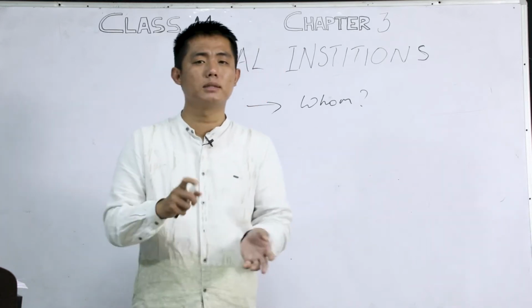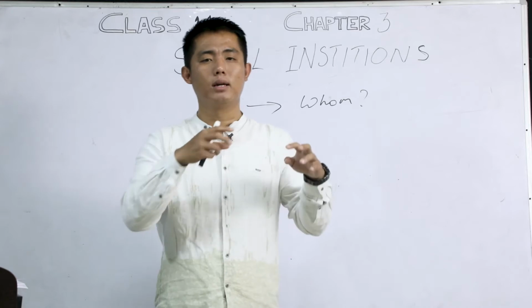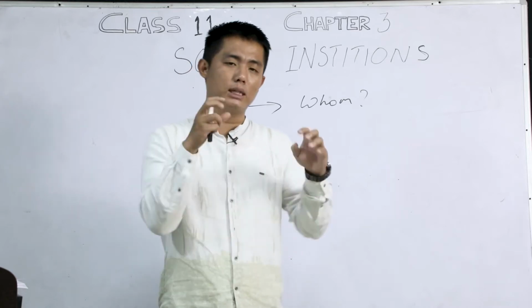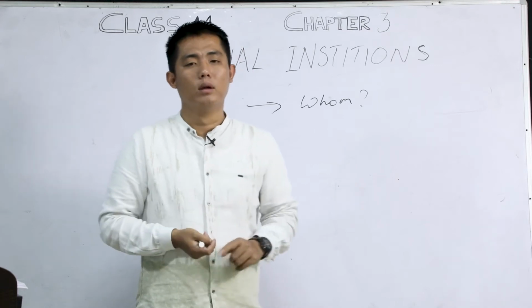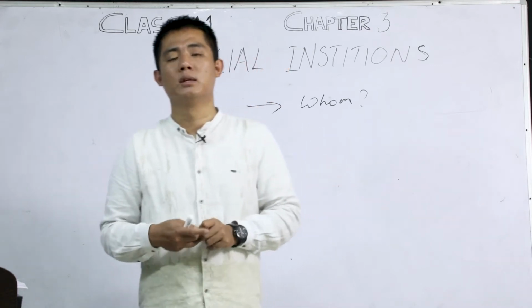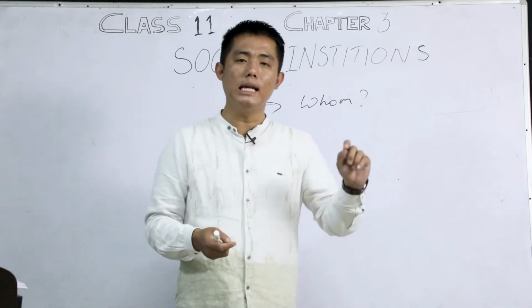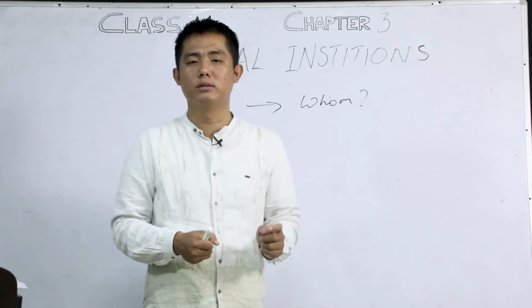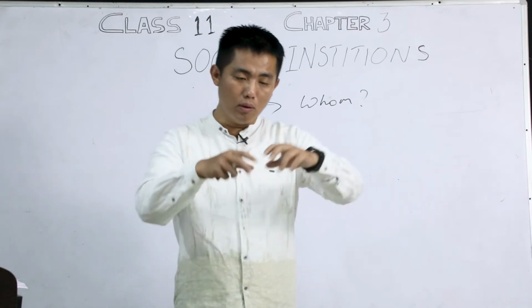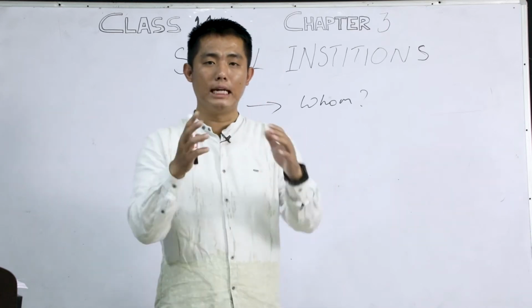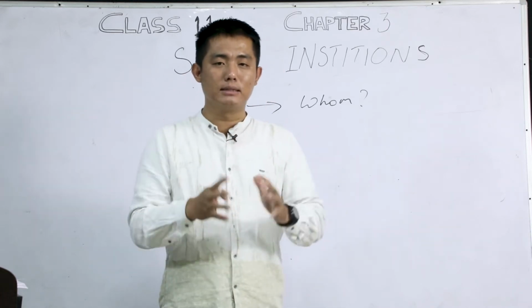There are different types of societies, which have different rules for all of these things. The first rule of marriage is called endogamy. Endogamy is a form of marriage where an individual can marry only within the group, inside the group.